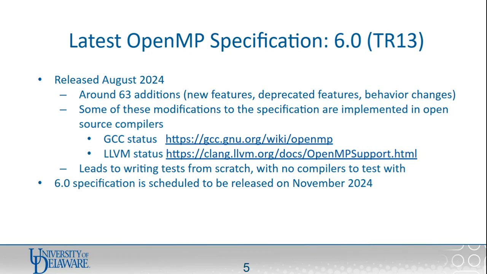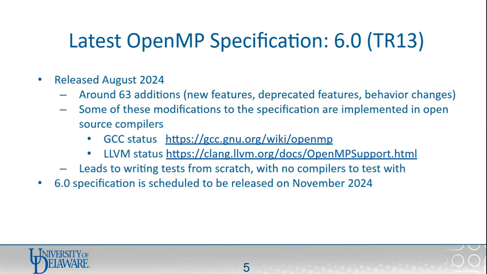The latest OpenMP specification version is 6.0. This was introduced as TR13 and released in August 2024. New features have been added in this version, as well as deprecation of old features, removal of deprecated features, and behavior changes to existing features.